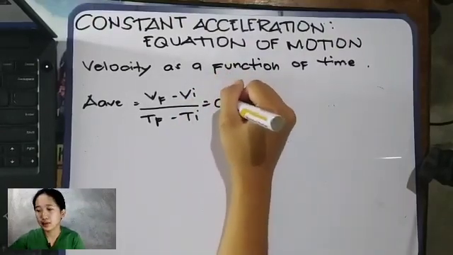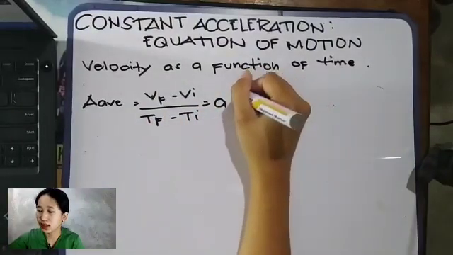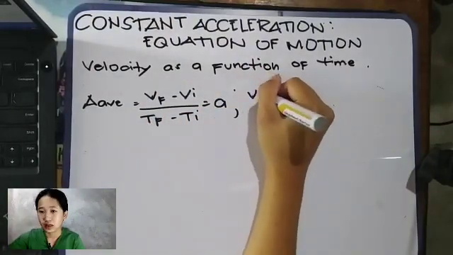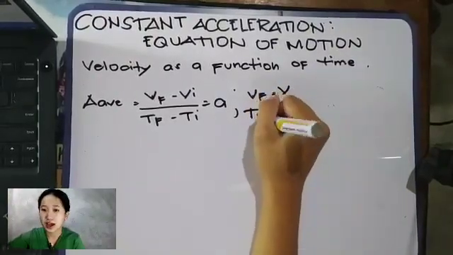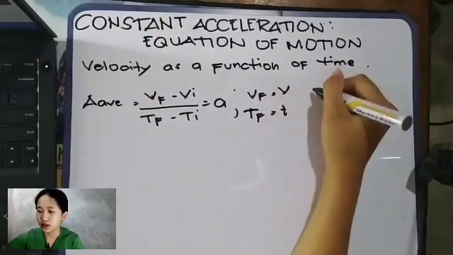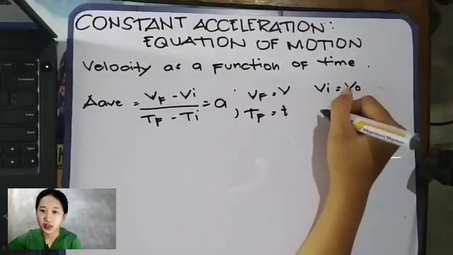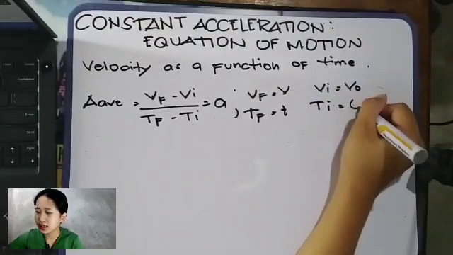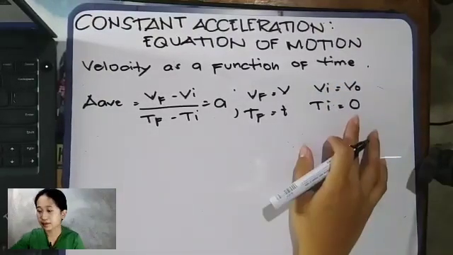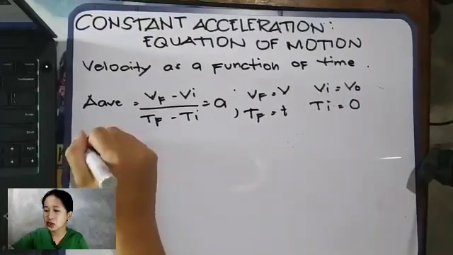Then, i-denote na lang natin: V final as V, V initial as V0, T initial as 0, and T final as time. Ito mga dinenote natin is isa-substitute natin dito.